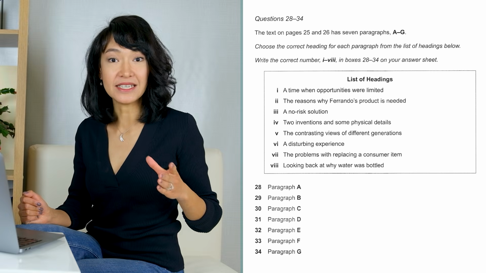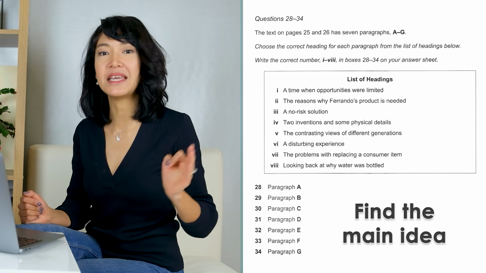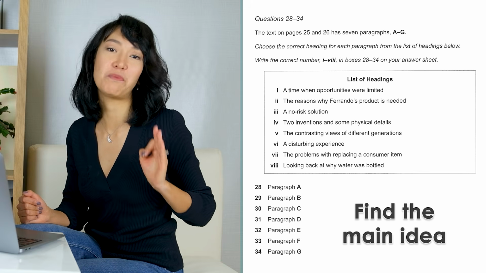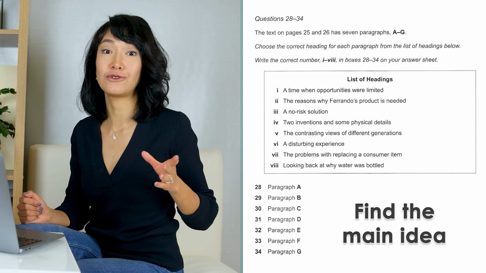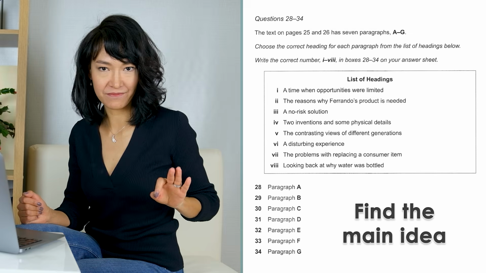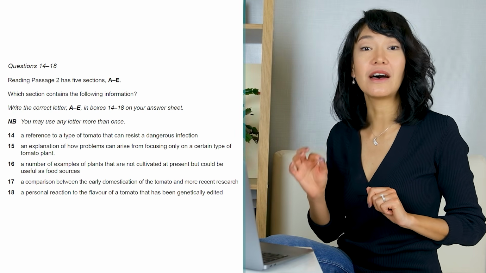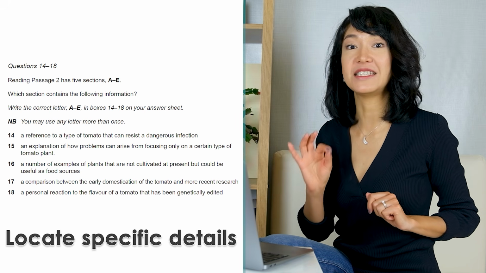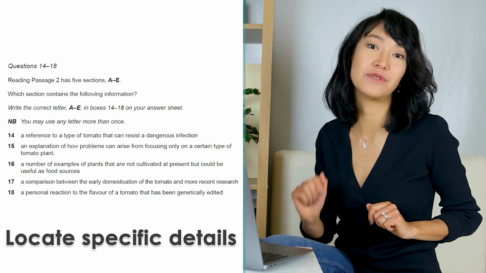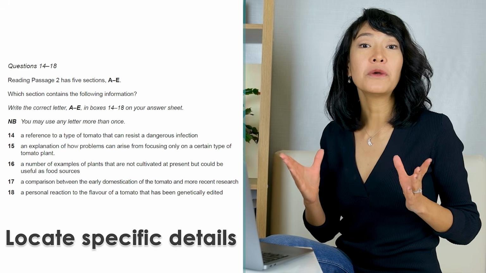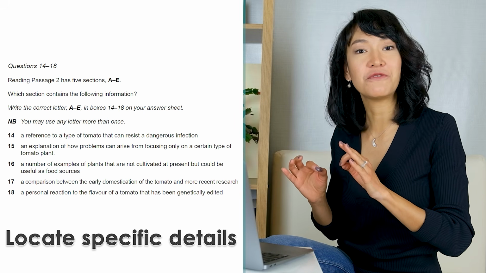In matching headings, you need to find the main idea of each paragraph, which requires you to read everything. On the other hand, with matching information, you're asked to locate specific details within those sections. So it's more about finding certain information.